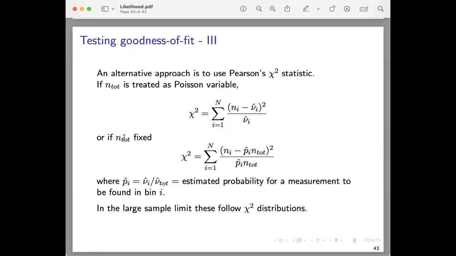And when n total is treated as a Poisson variable, instead of nu i you can use p i times n total. In both cases, this chi-square will be distributed according to the chi-square distribution, and from the observed chi-square value, you can know whether the fit is good or not.